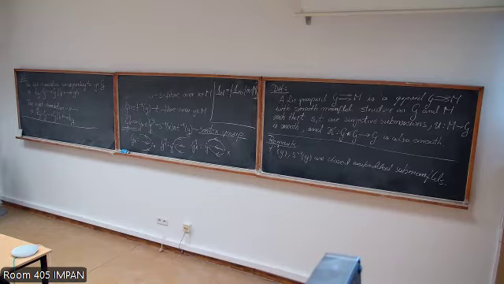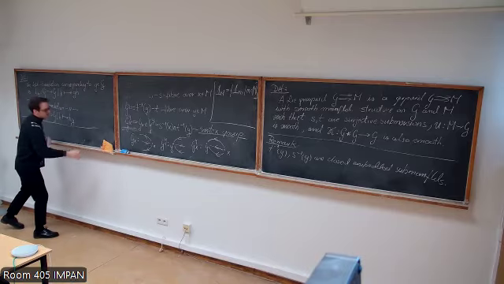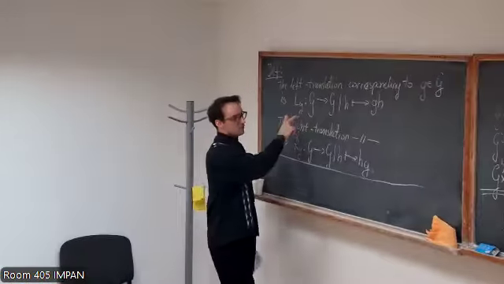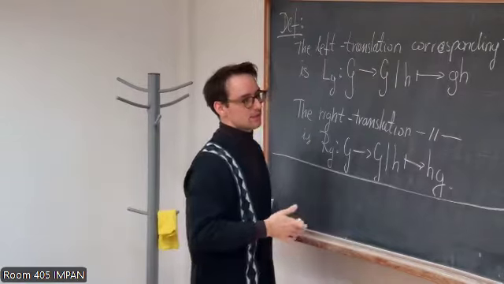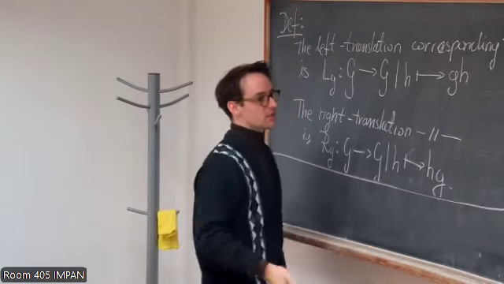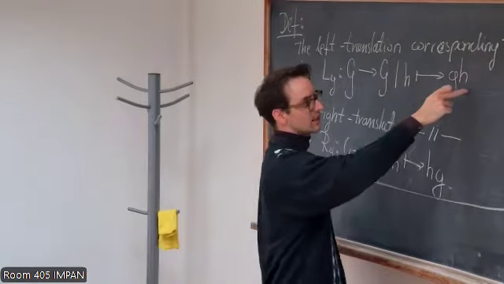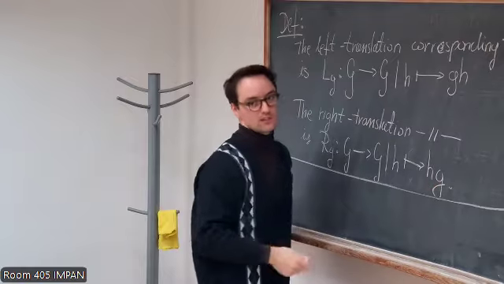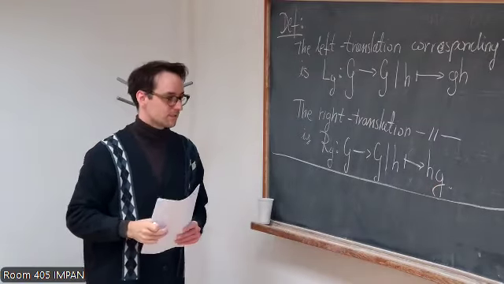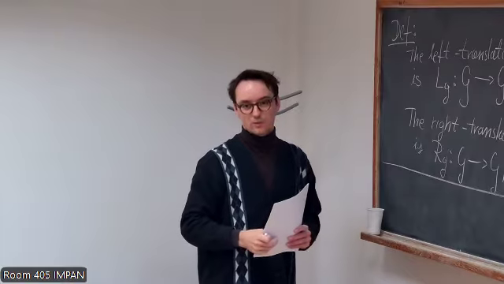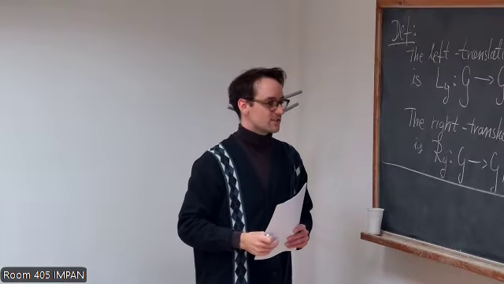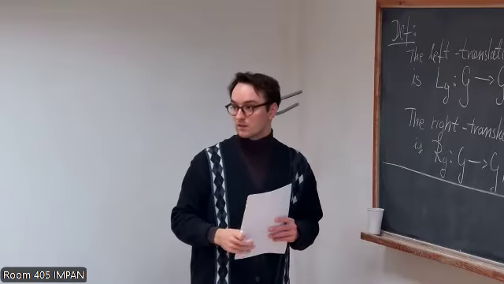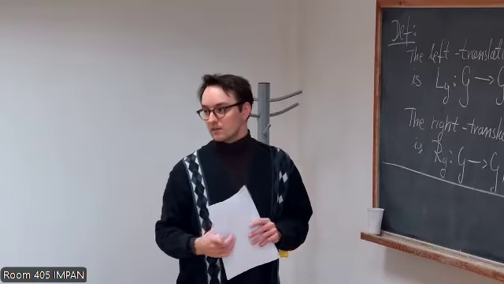Yes, I agree, I wanted to speed up a little bit, but yes, you're right. H and G have to compose with each other, which means that in this case the target of H has to be the source of G, and here the source of H has to be the target of G. Yes, that's correct. I hope it's clear. It's a little bit of misnotation, but yes. So we will restrict the domain.